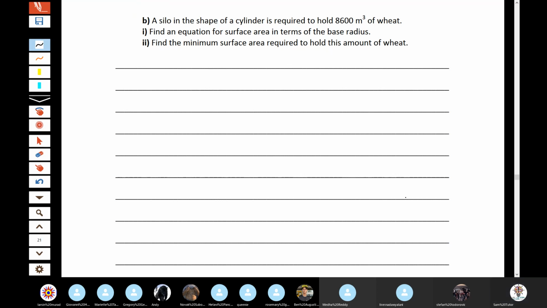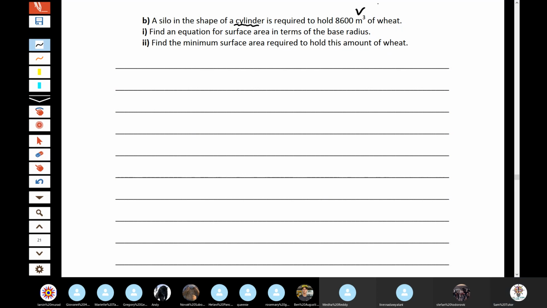Just think. What are the key words? I think cylinder. Cylinder always is there.